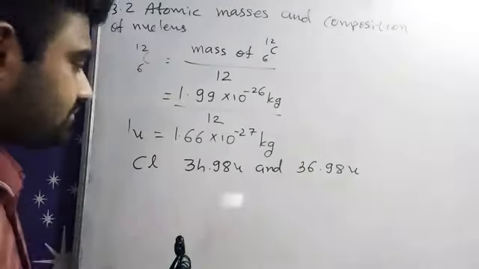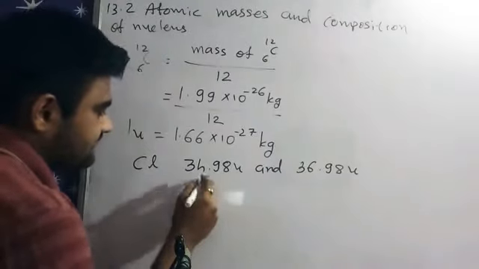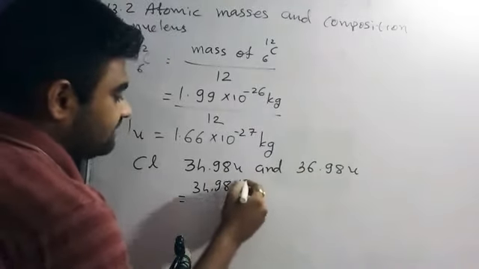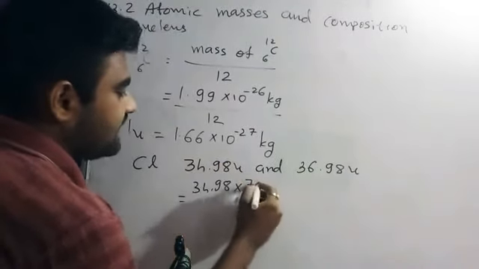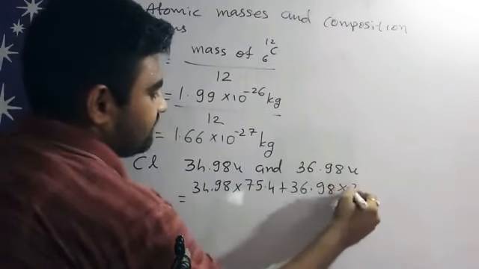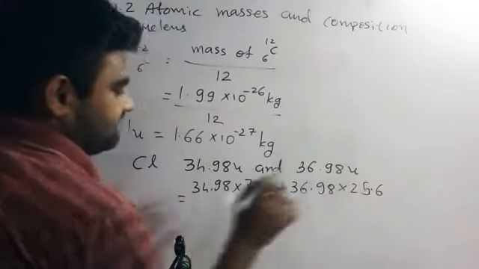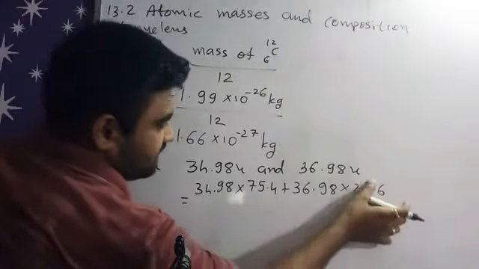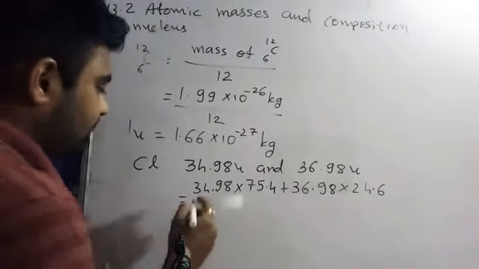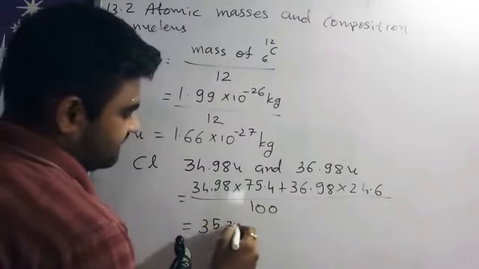If we want to find the average mass of chlorine, we use the percentages given. The isotope 34.98 has 75.4 percent and 36.98 has 24.6 percent, because these two add up to 100 percent. Then we divide by 100, and the answer will be approximately 35.7 AMU.